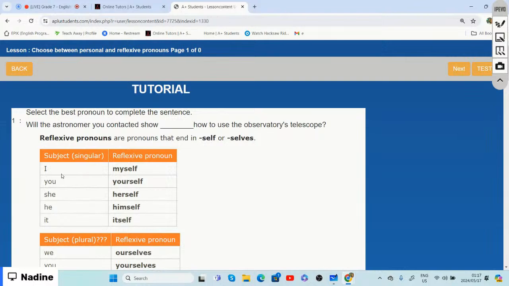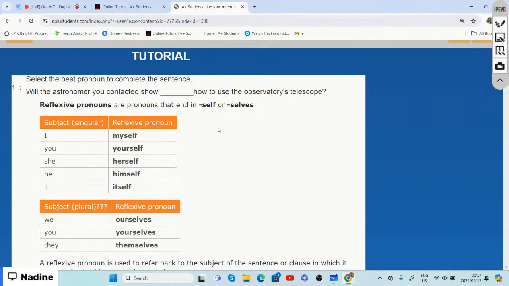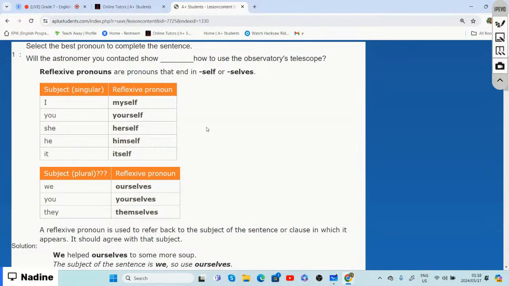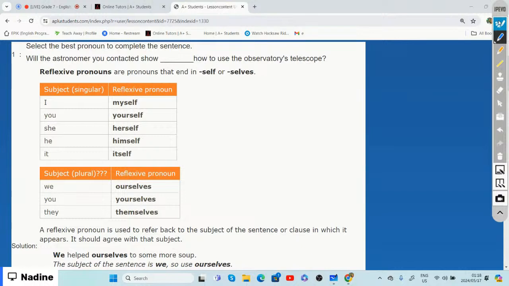Okay, and we said reflexive pronouns are words that end either in self or in selves. We went over our reflexive pronouns, and we see that we have singular subjects and plural subjects.